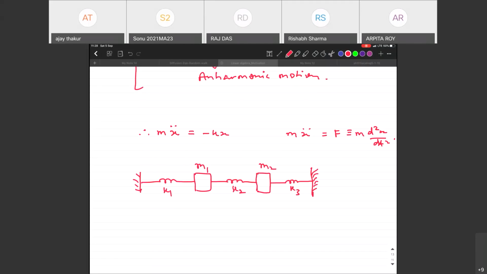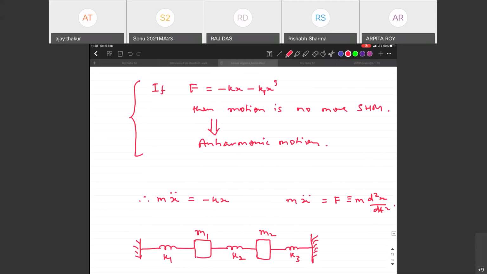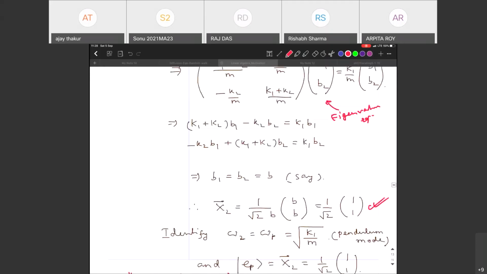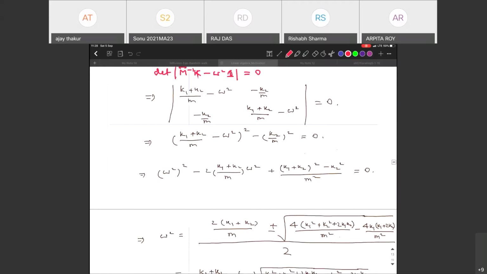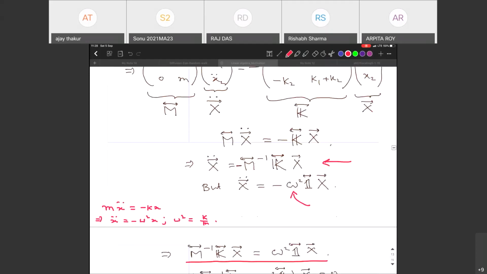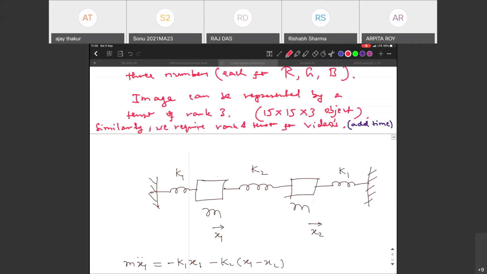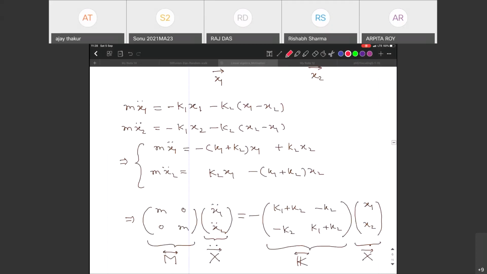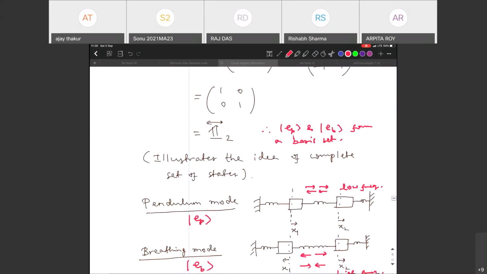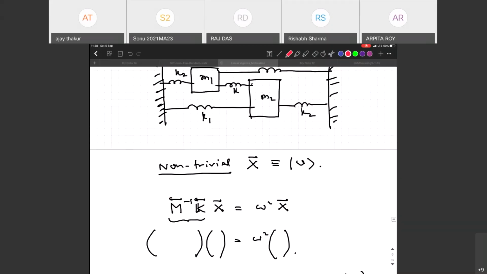So we have tried to put it in the most general form so that there is no confusion. Because earlier we were taking some cases identical or some masses the same. Like if we see, we had the end members as k1 and the central one was k2. So let's try to do it in the most general form.